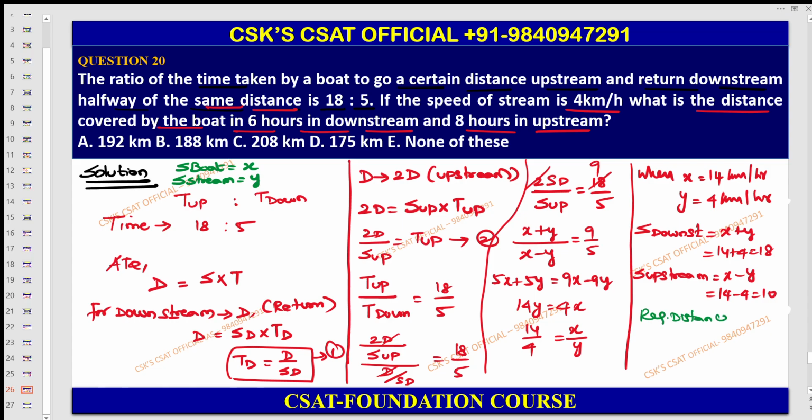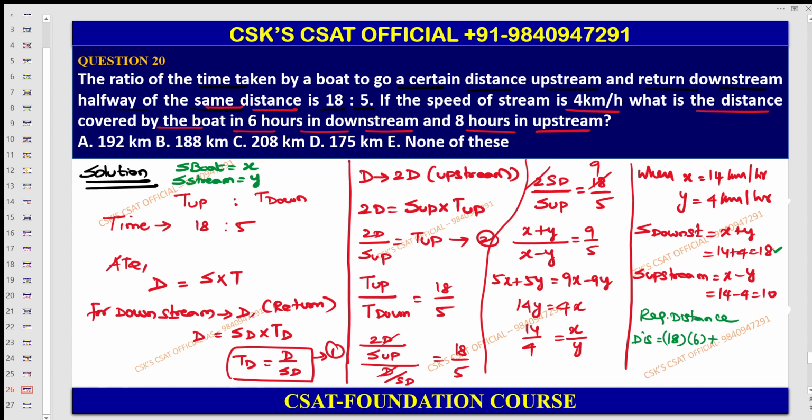So the required distance. Understand, what is the distance covered by the boat in 6 hours downstream? Total distance, no? Downstream speed here is 18, into what is the time here? 6 hours, plus 8 hours in the upstream.